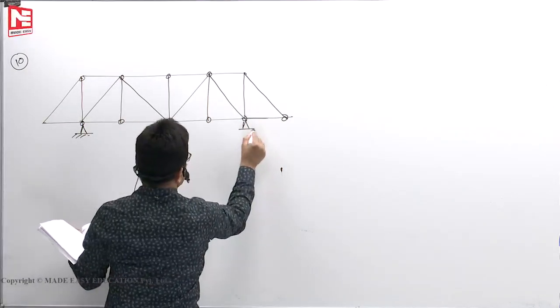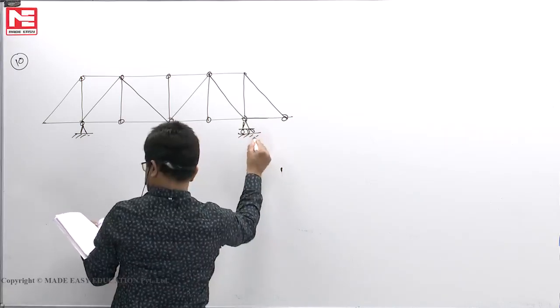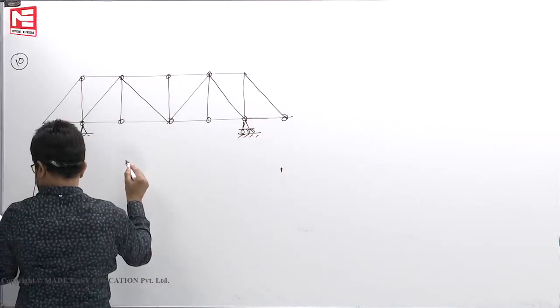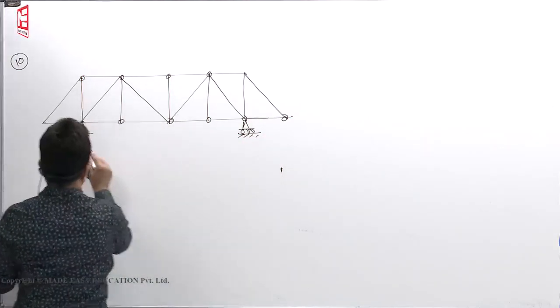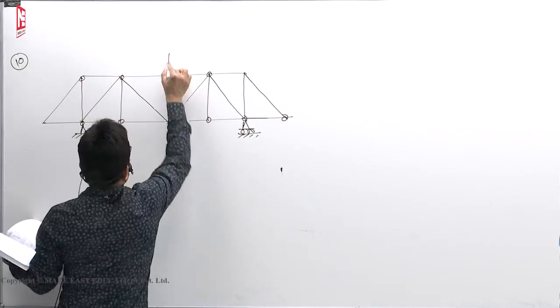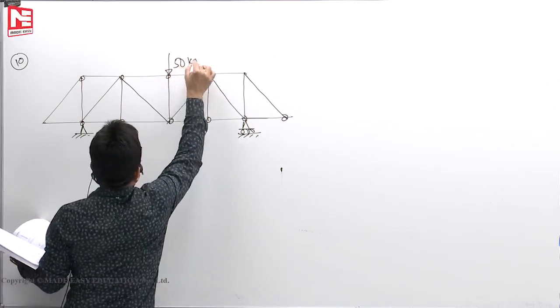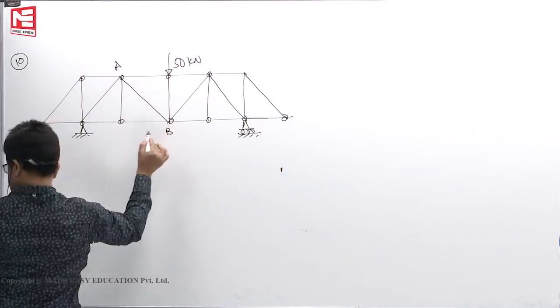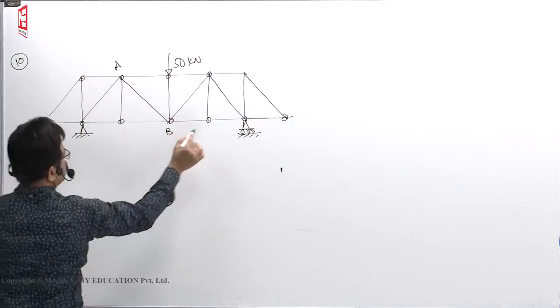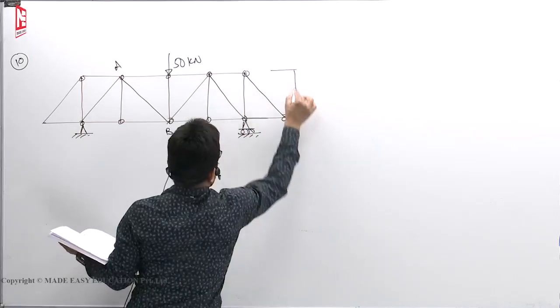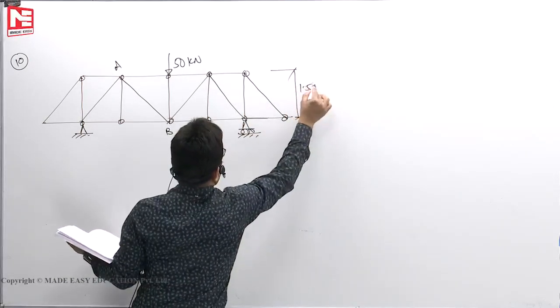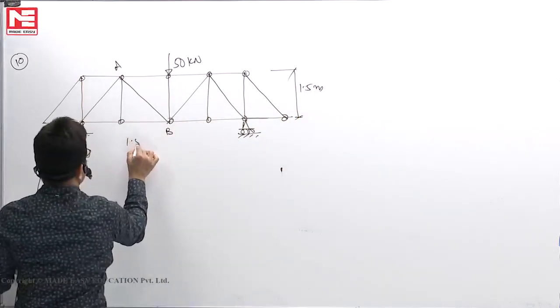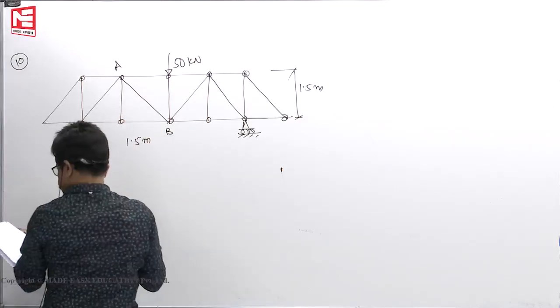There is a roller support here. Everything is symmetrical. So there is a load of 50. These points A, B. Height is 1.5. This also 1.5 meters. All the heights are the same.